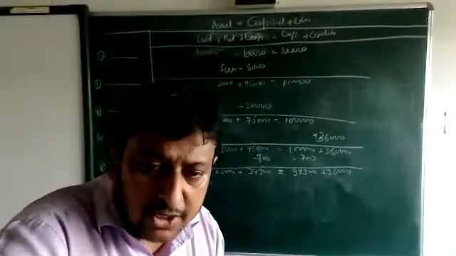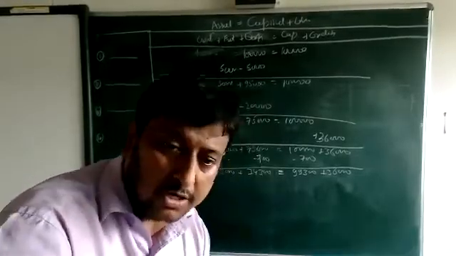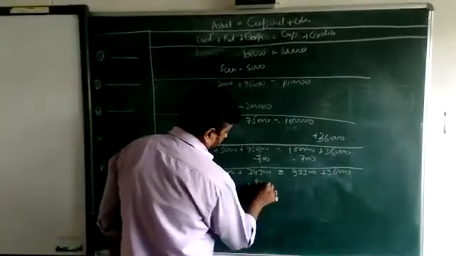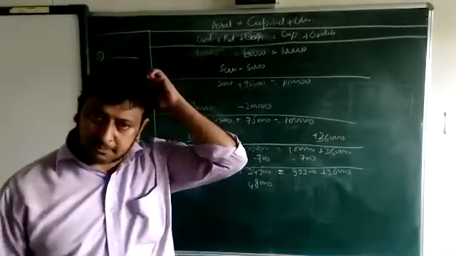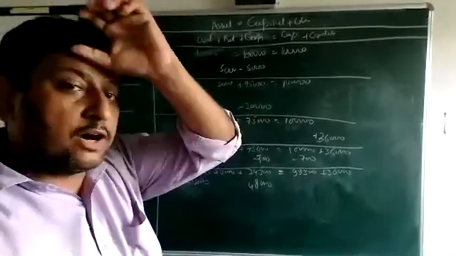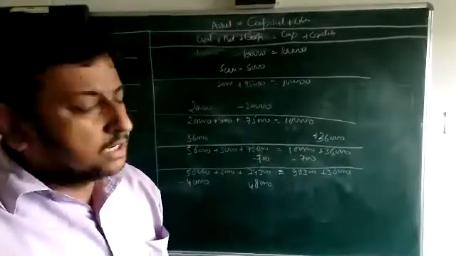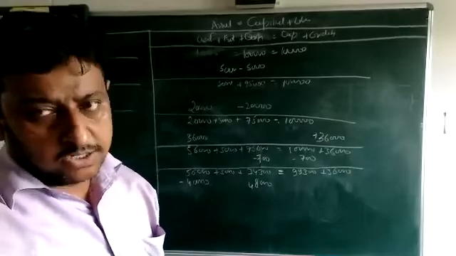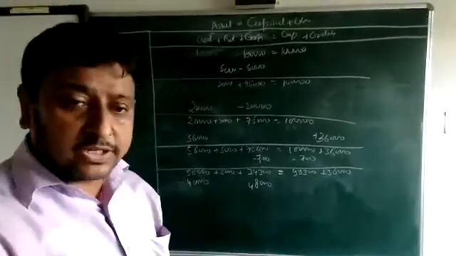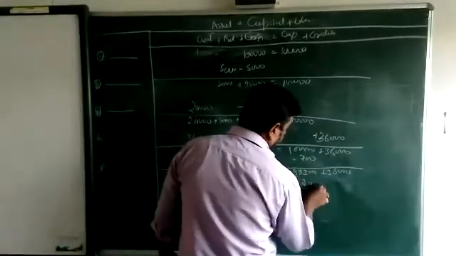So 40,000, 20%, 8,000. It means the total amount we are receiving is what? 48,000. So where will that add? In cash. 40,000 for your goods and 8,000 for the profit that we are receiving. It means total amount 48,000 received. It means add. But 8,000 is profit and profit will add here in capital.